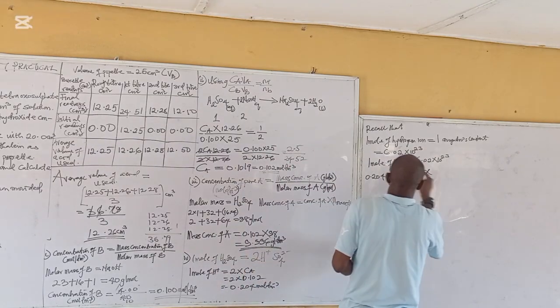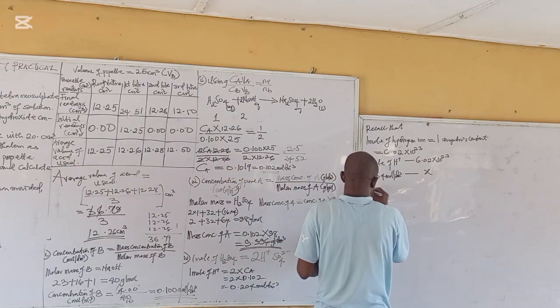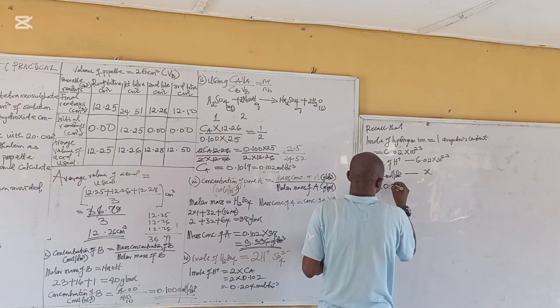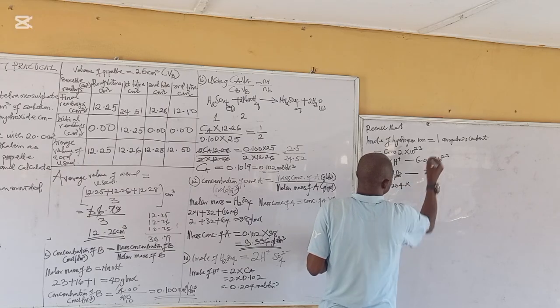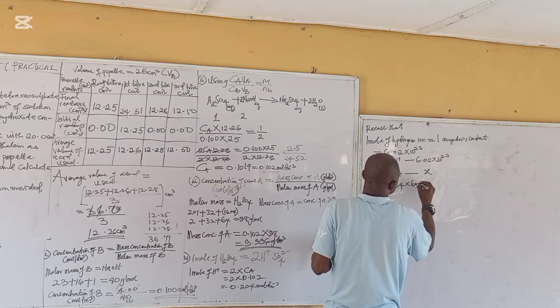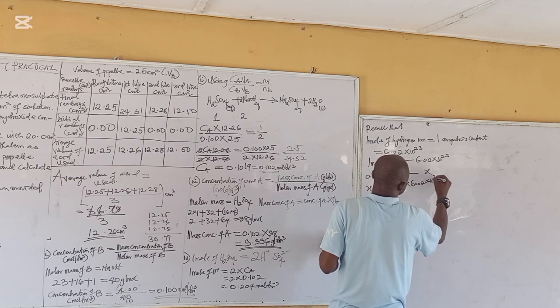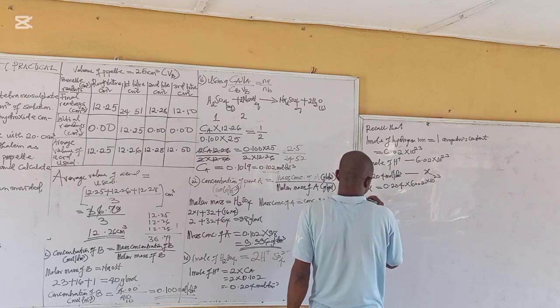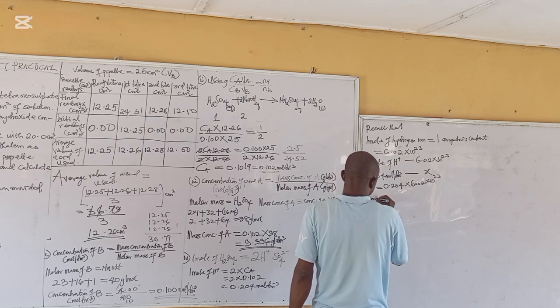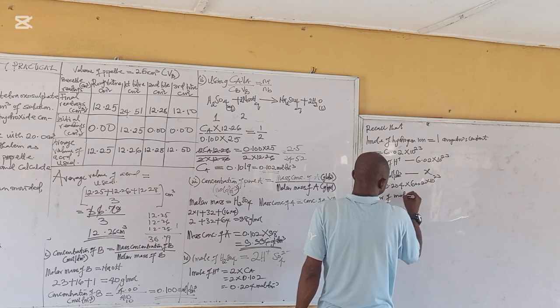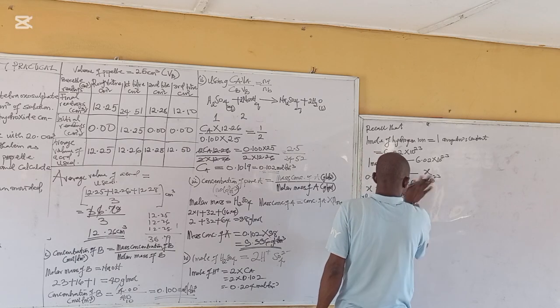Then this multiplied by this will give us X equals 0.204 multiplied by Avogadro's constant times 10 raised to power 23.